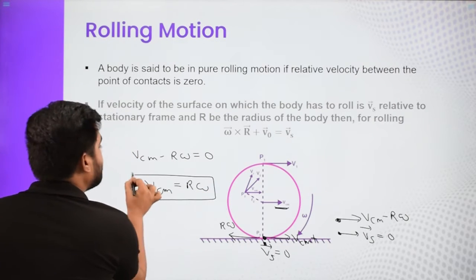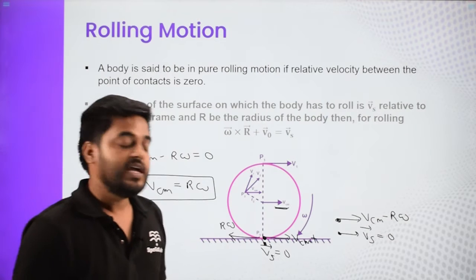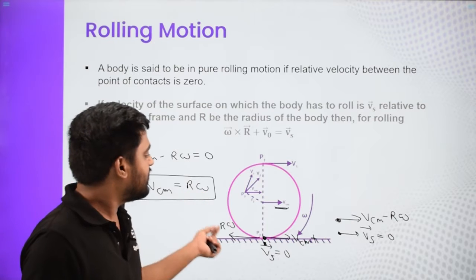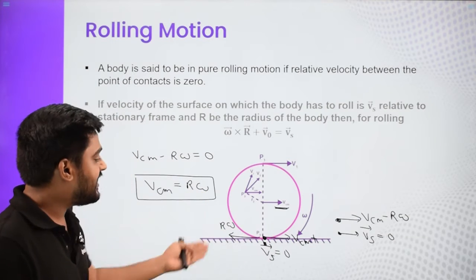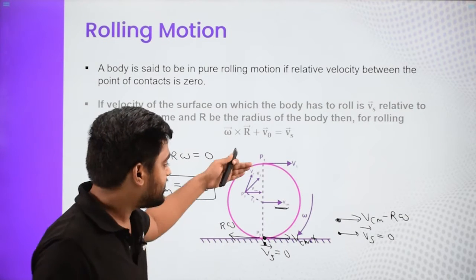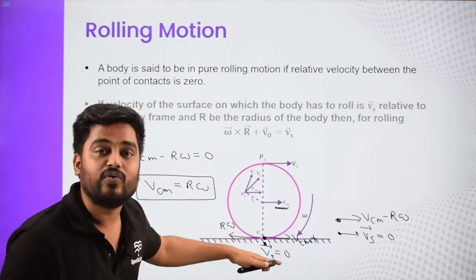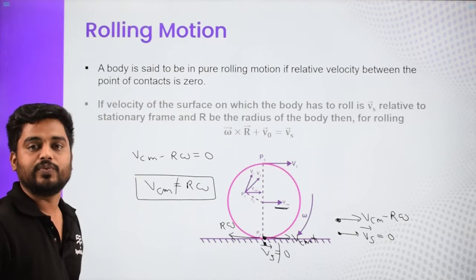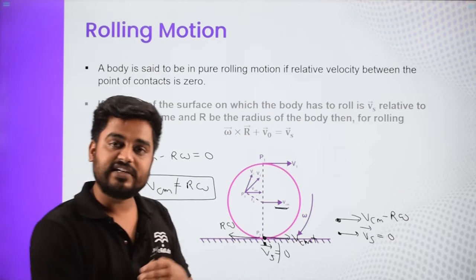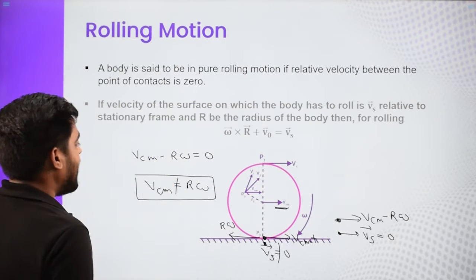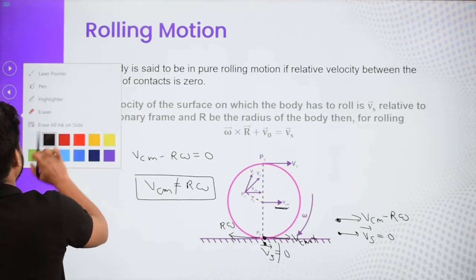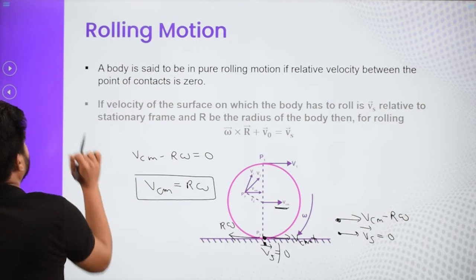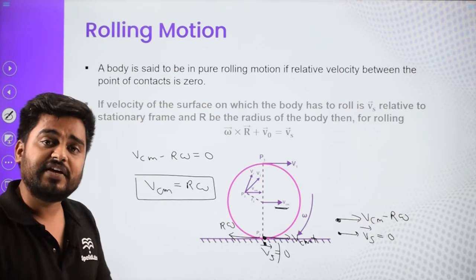This is an important conclusion which you need to remember. If you want a relationship between the velocity of the center of mass and omega, then we can utilize this. Given that the object is rolling on the ground surface, if the surface velocity is non-zero, then this is not going to be true. So this is only valid if the object is rolling on the ground, not always. If the object is rolling on the ground, then VCM will always be equal to r omega.